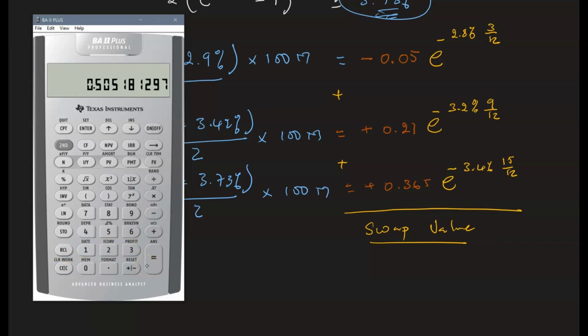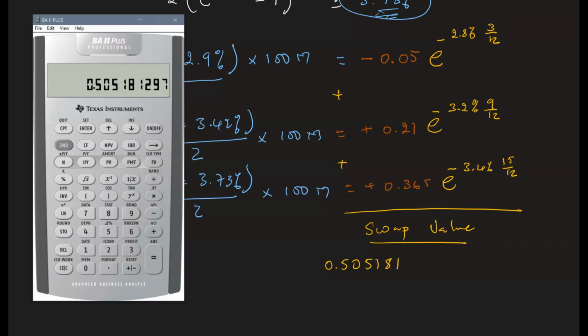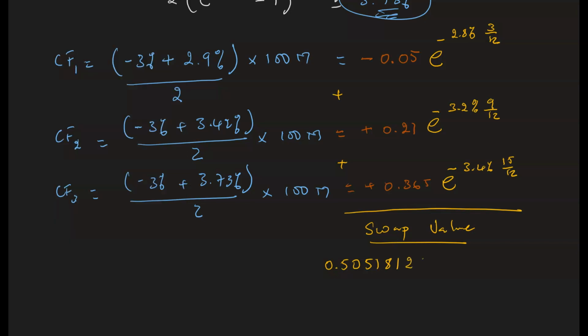So our swap value is essentially going to be equal to 0.505181297. Now, these are in million, right? So far what we did was we had this value not in million.